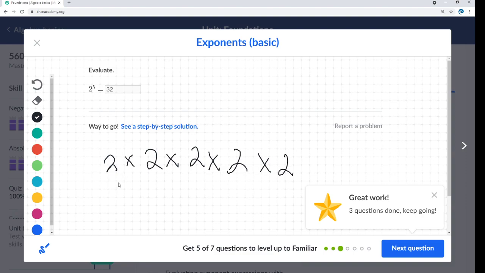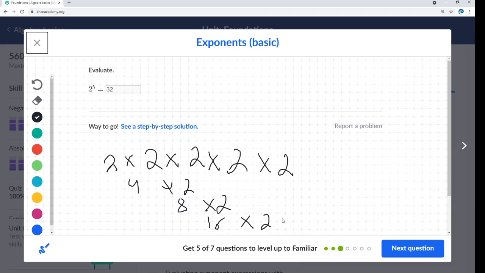And the way that worked out is 2 times 2 is 4, and then times 2 again, that's when we got to the 8, and then times 2, that's how we got to the 16, and then times 2, which was how we got to 32.